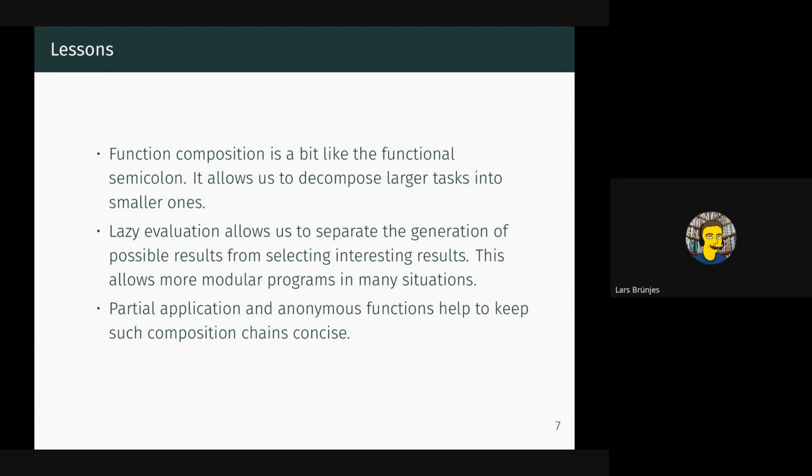And this means we can make our programs modular. We can first concentrate on generation, and separately from that, concentrate on selection. And then we just compose the two parts together. And using techniques like partial application or anonymous functions, we can keep that concise.